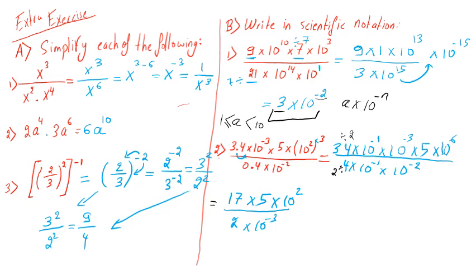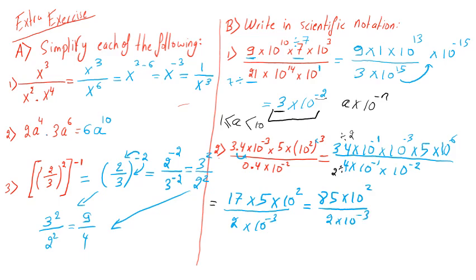Now we can't simplify anymore. We take the numbers alone. 17 times 5 is equal to 85 times 10 power 2 over 2 times 10 power minus 3.